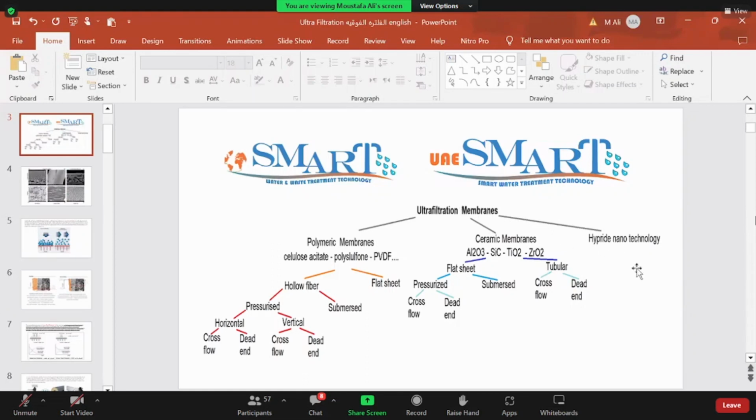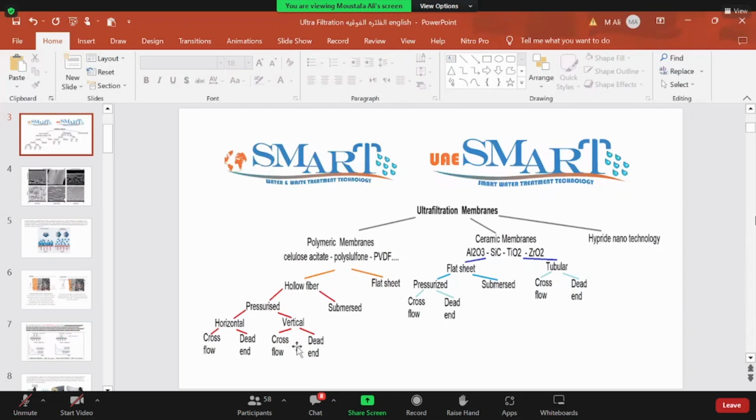The third category is hybrid, which can be either polymeric or ceramic membranes with some modification regarding the coating to give special characteristics for the surface, regarding hydrophilicity or pore size and flux, and to suit special applications like pharmaceutical industries, oil removal, and many other applications.